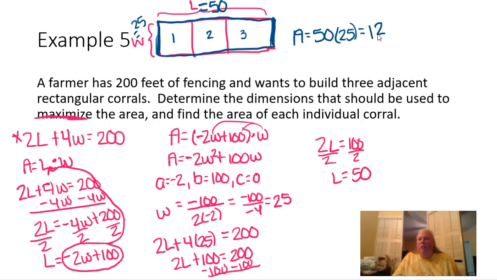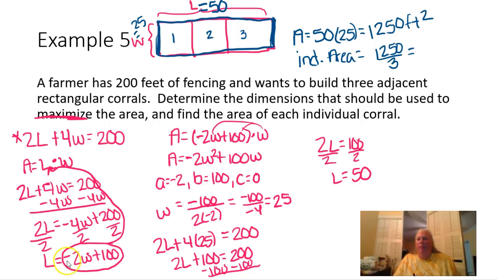That's going to give me 1,250 square feet. And then the individual area is going to be 1,250 divided by 3. And that's going to give me 416.67 square feet.